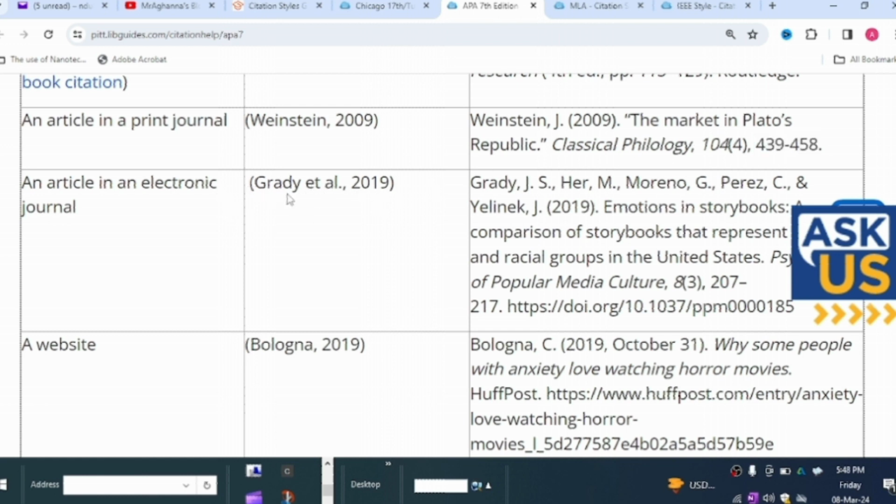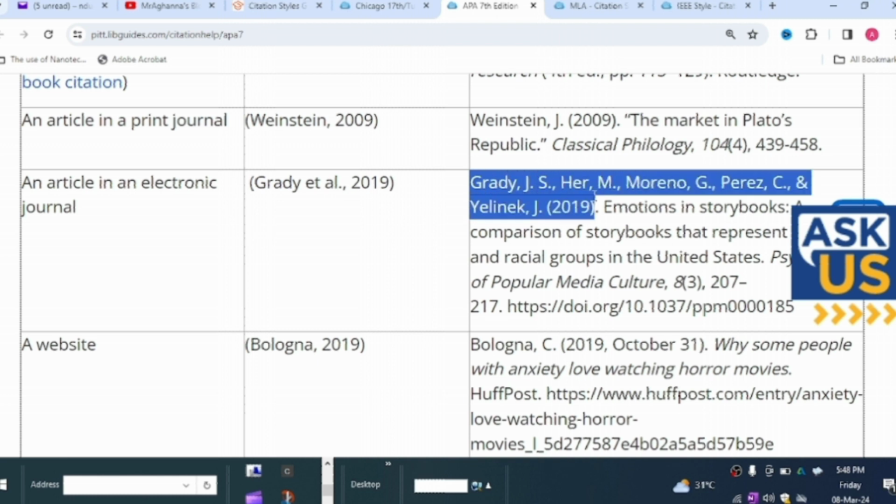So this is an example where you have more than one author. You can include the surname of the first author followed by et al., full stop, comma, and the year of publication. Then under the reference list, you have these details included.